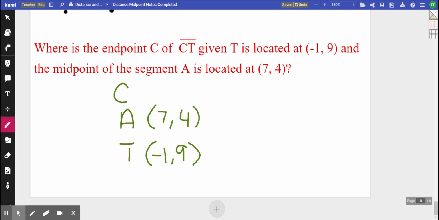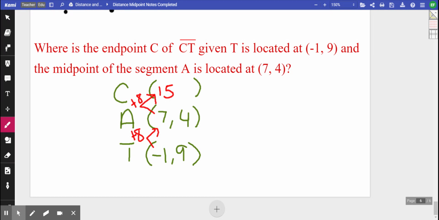And we need to figure out where C is located. So let's take a look. If I start at T, how do I get from -1 to 7? What would I have to do? The difference between -1 and 7 is going to be adding 8. So if I'm at 7 and I add 8, I'm going to get 15.